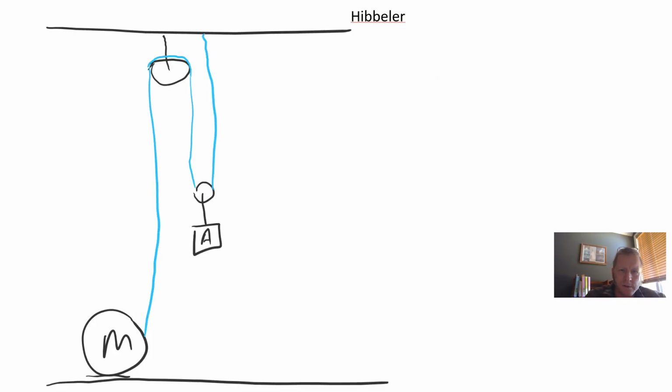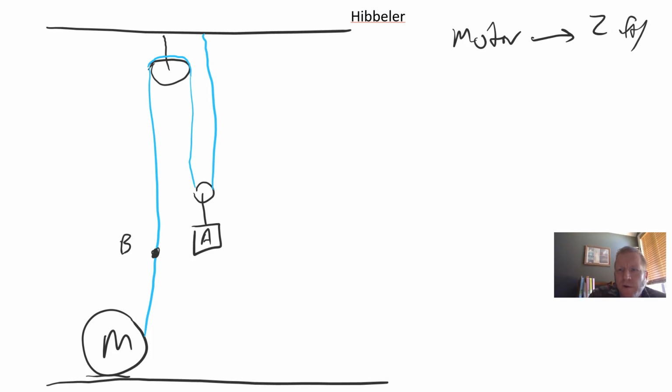So here's the setup. The blue line, of course, is the rope. Hibbeler would have you define a point here. We'll call it B. He'll say the motor does something, and we'll call it 2 feet per second.